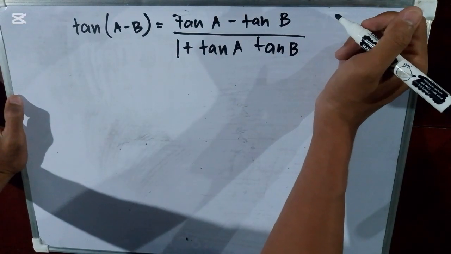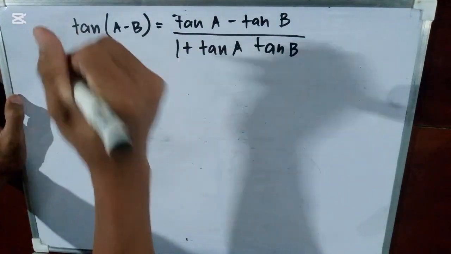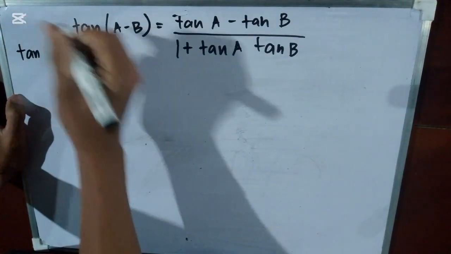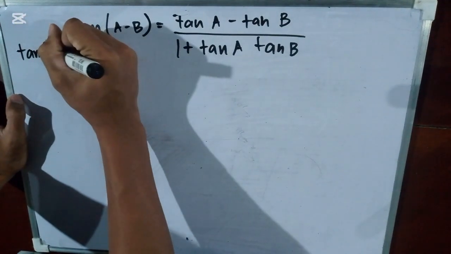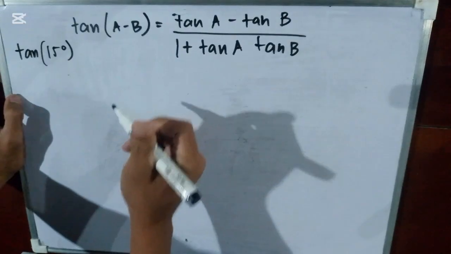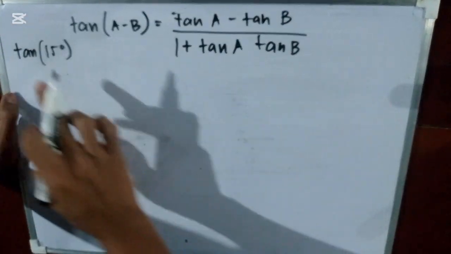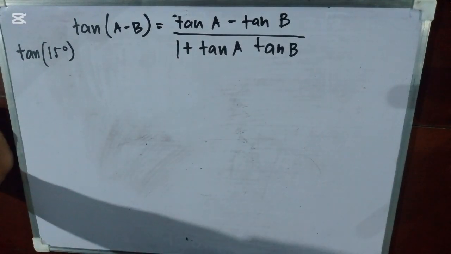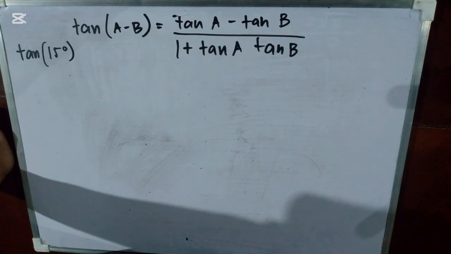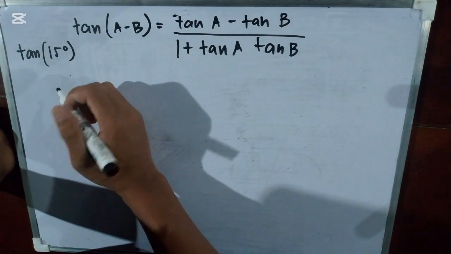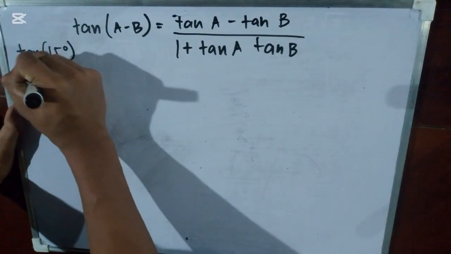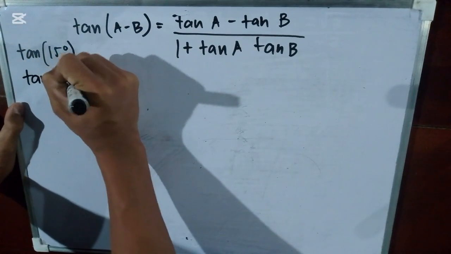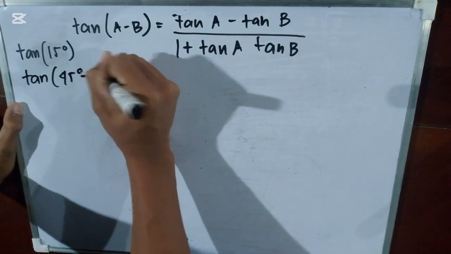Now the given example is tan 15 degrees. Now let's substitute this tan 15 degrees, and now let us find the two corresponding angles that if we subtract, we will get 15 degrees. The two corresponding angles are tan 45 degrees minus 30 degrees.